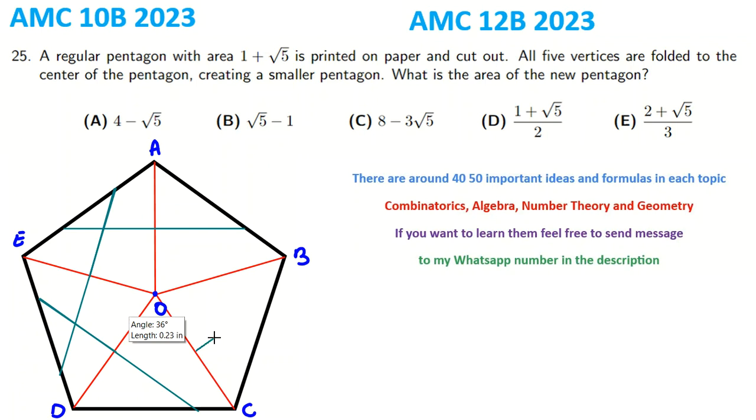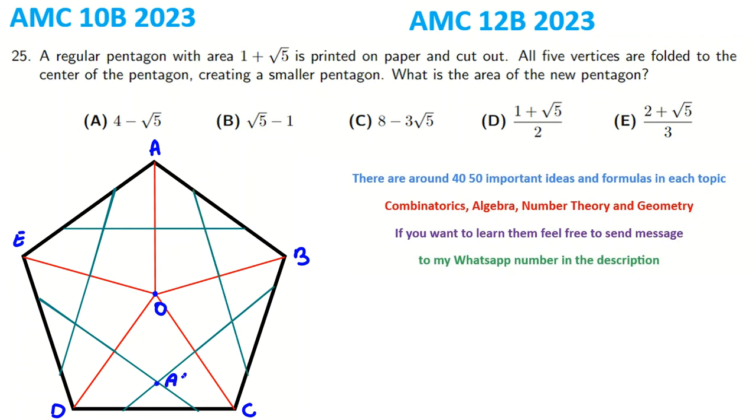Okay, around this part, and the angle will be something like that. And the last one, 73 here, and the angle 107. Okay. So the new pentagon is this one.